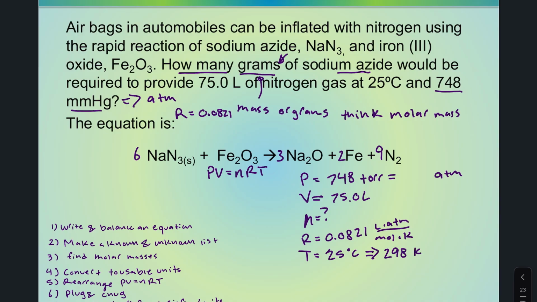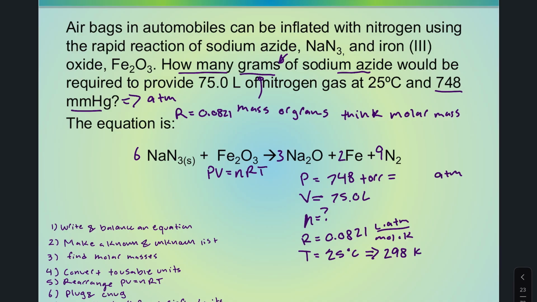Okay, so the next step is going to be finding molar masses. So what is the molar mass that we need to find? We are going to know how many moles of nitrogen gas we have made, but we want to know how many grams of sodium azide we have. So the only time we're going to have to convert is when we're going from moles of sodium azide to grams.